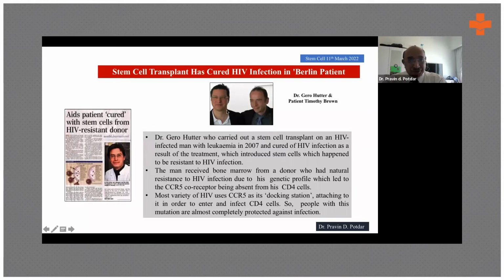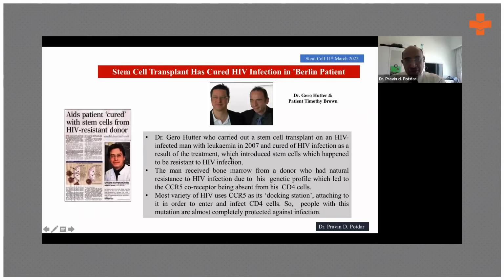Not only the doctor, but the patient's name is also coming up everywhere. Dr. Gero Hütter carried out a stem cell transplant on an HIV infected man with leukemia in 2007 and cured the HIV infection as a result of the treatment, which introduced stem cells that happened to be resistant to HIV infection.